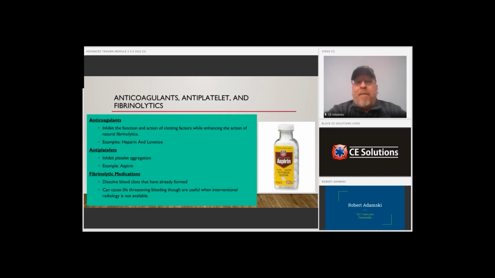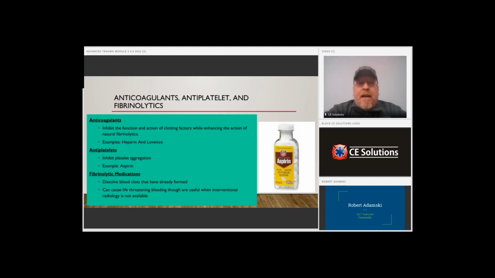We have our antiplatelet agents, such as aspirin, which are going to inhibit platelet aggregation and also help our medical patients. An example would be our myocardial infarction patients. And then finally, we have our fibrinolytic medications, which dissolve blood clots that have already formed.